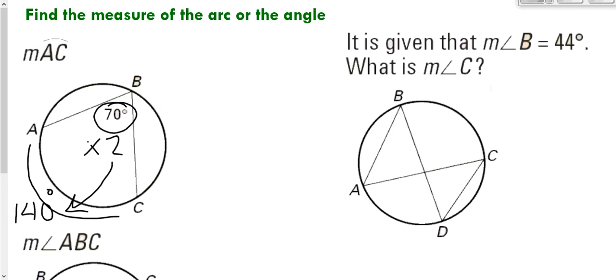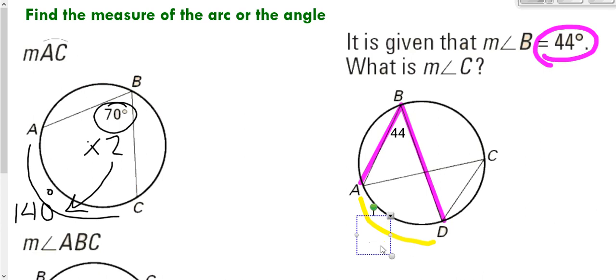So this is when you see something that looks like that. In this picture here, there's a bunch of inscribed angles. It says angle B right here is 44 degrees. So this angle right here in the center is 44 degrees. That makes the arc out here 88 degrees.